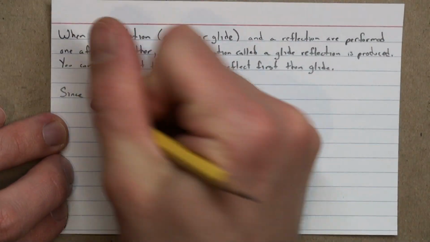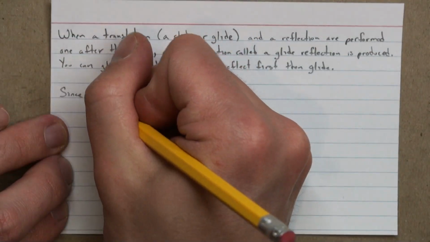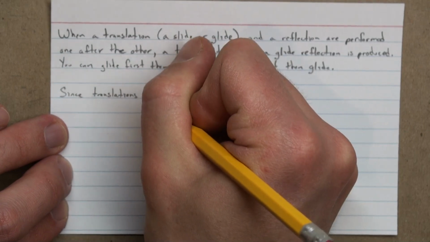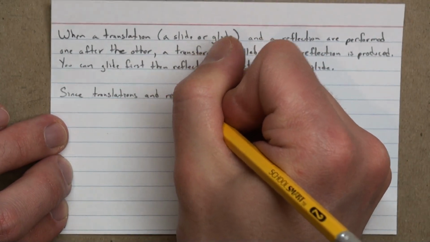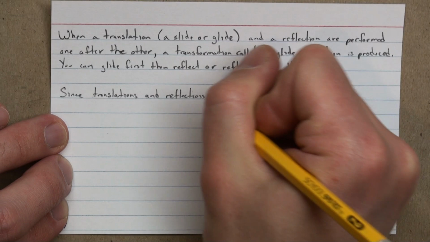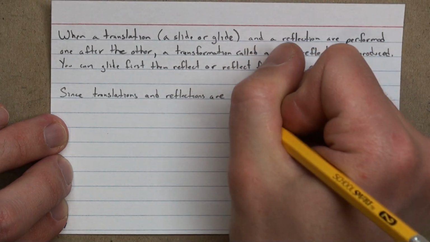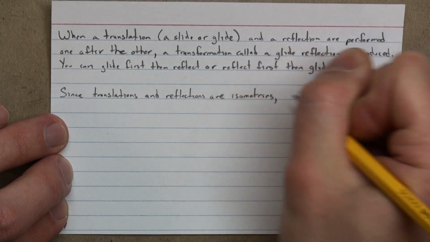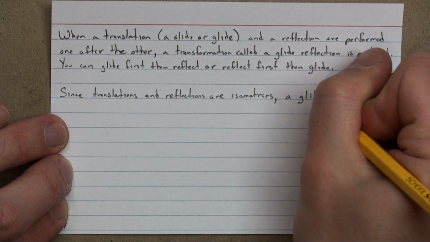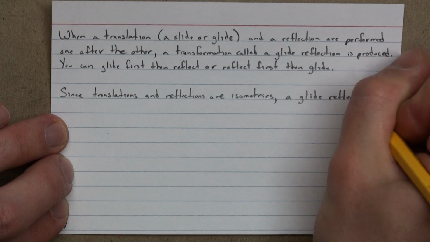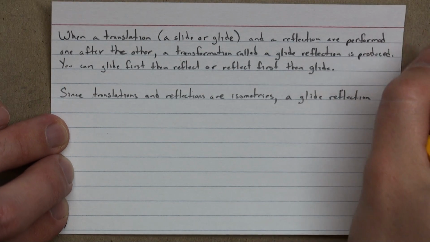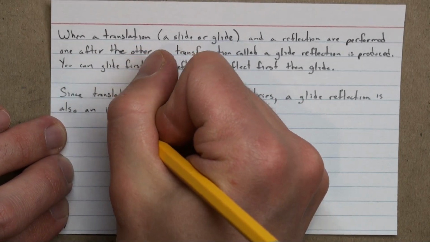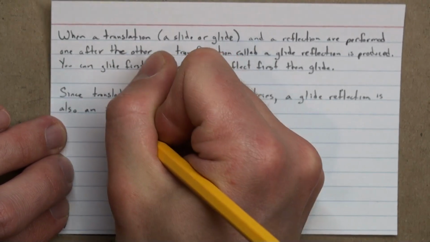Since translations and reflections are isometries, a glide reflection is also an isometry.